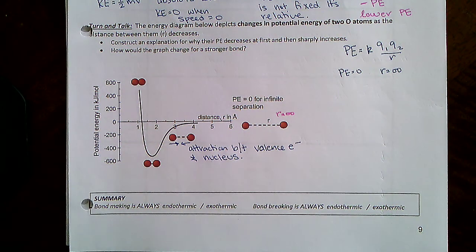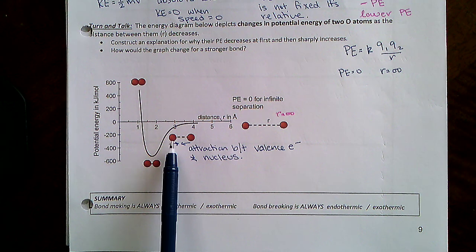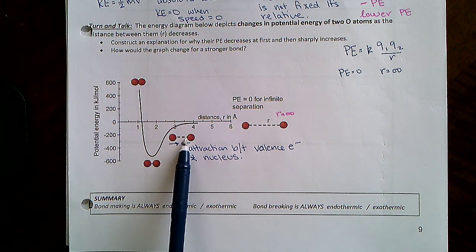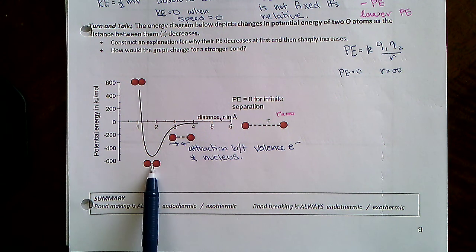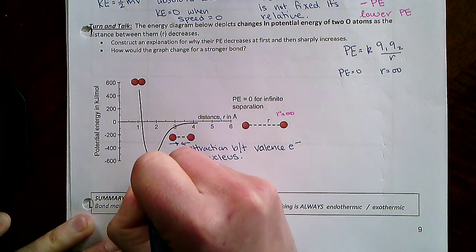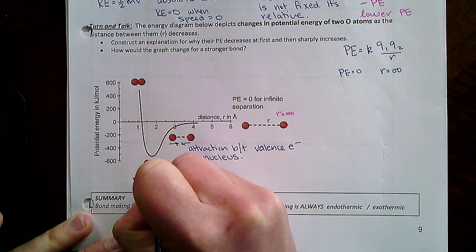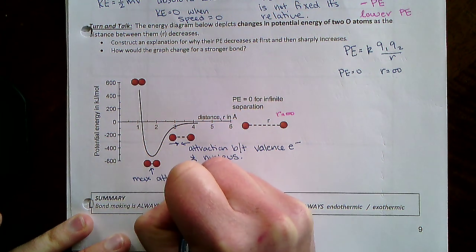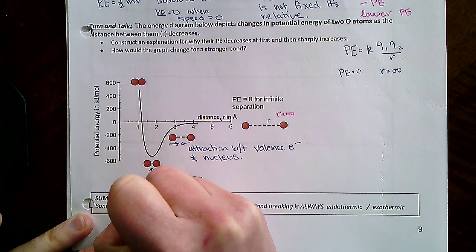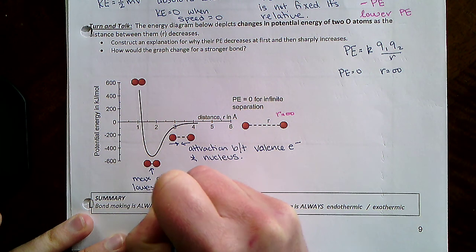Okay, that makes sense. Now, when are they feeling max attraction? They're going to keep coming closer and closer together until they reach a place of maximum attraction, right here. This is the lowest potential energy.